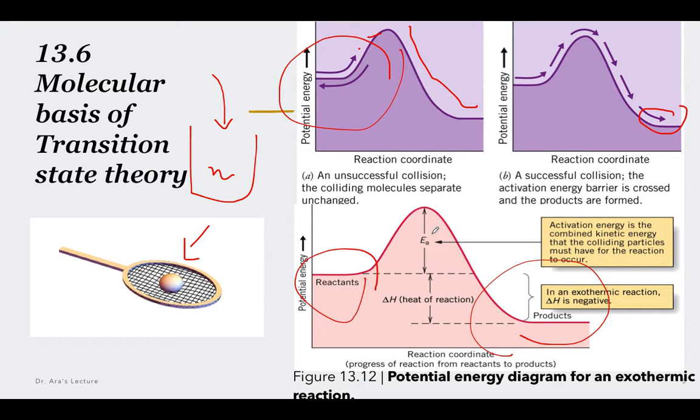If we don't have it, maybe they cannot go in the right direction after collision, or even the collision cannot be effective. It can be poor, they can separate, and they can change their orientation. We cannot see this transition state properly, but molecular collision theory helps us learn about these things. So now let's come back here.